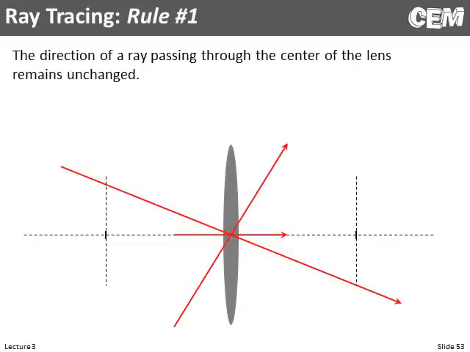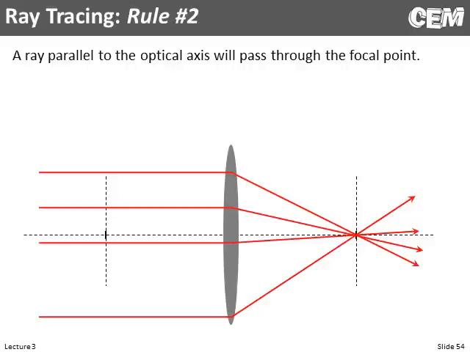All right, rule number 1 for ray tracing. If a ray enters the lens at its center, it just goes straight. It's unaffected by the lens. If a ray enters the lens parallel to the optical axis, it passes through the focal point. In fact, you don't even need this rule. You can just get away with rules 1 and 3 because this is a combination of those.